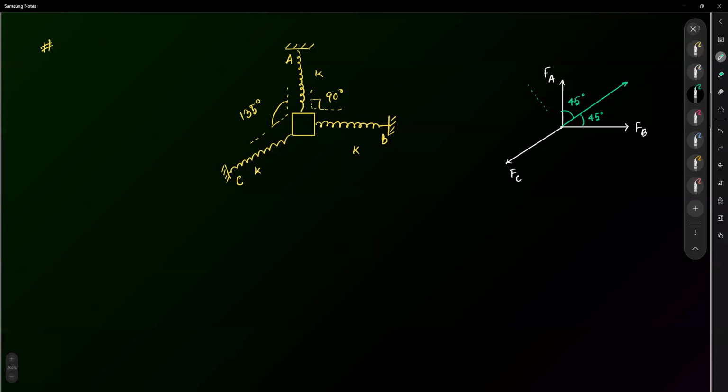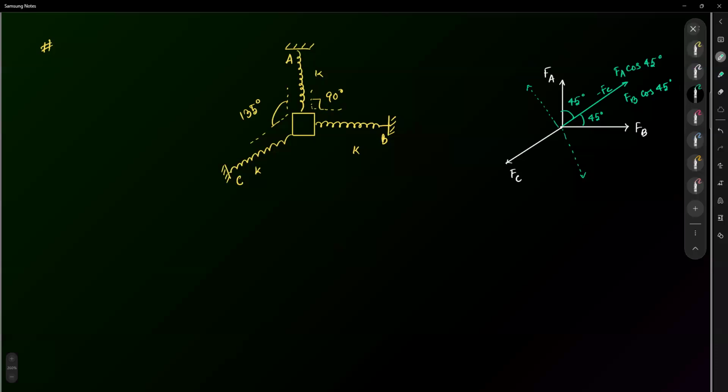Now think about it like this. Component of FA for this case will be FA cos 45. And the component of FB in this case will be what? FB cos 45. And magnitudinally it should be equal to minus FC also.